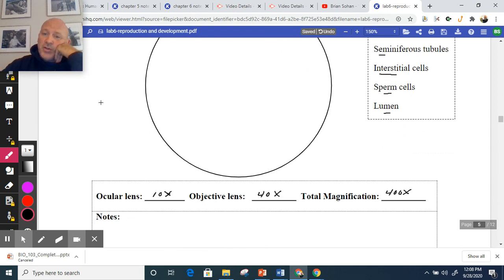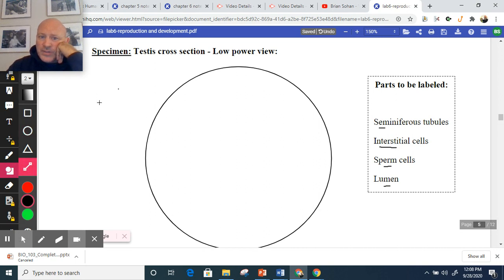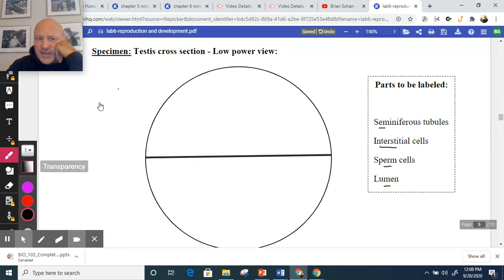And what I would like you to do, because this distance across, right, from the first week, we established this distance across to be, when we're under high power, 450 micrometers from here to here.